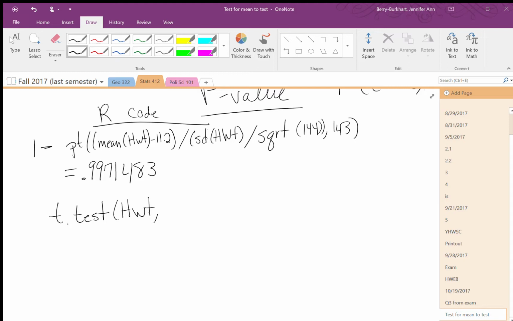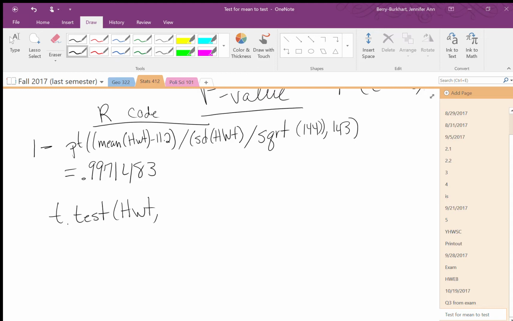Y is if I want to do a 2-sample t-test, then I throw in Y. This is the alternative. You have to state what the alternative is. Is it two-sided, less, or greater? Now I'm going to specify the mu that I'm testing against, and there's some other variables I'll get to later. So we're going to just do a simple t-test.